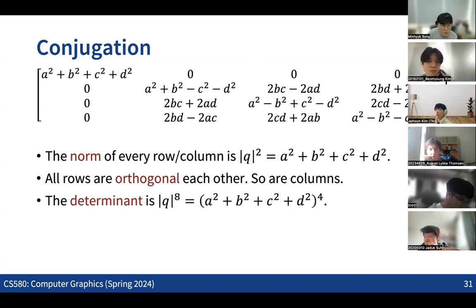And if we compute the determinant of the entire 4x4 matrix, the determinant becomes 8 times the norm of the input quaternion.